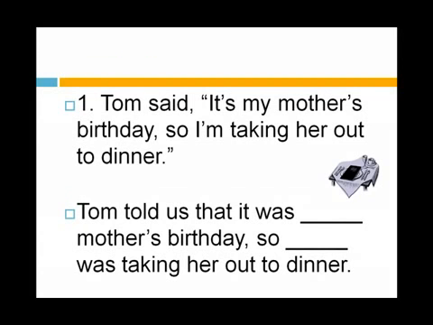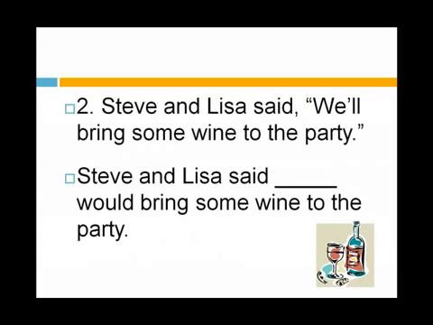Number 1. Tom said, "It's my mother's birthday, so I'm taking her out to dinner." Now you complete the reported statement. Answer. Tom told us that it was his mother's birthday, so he was taking her out to dinner. 2.